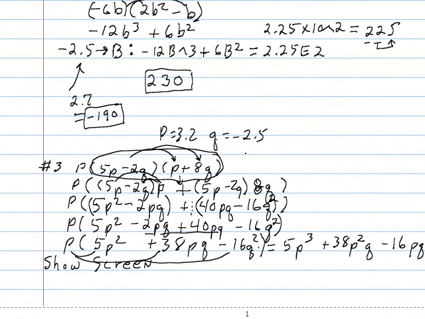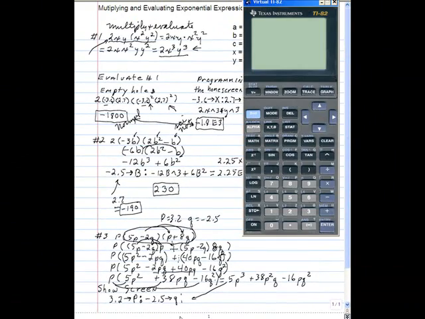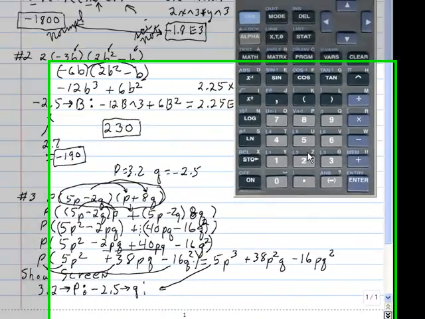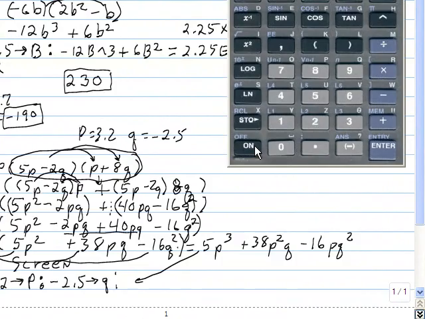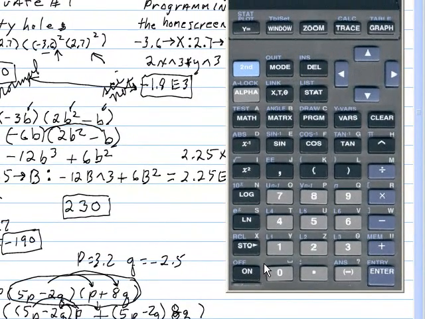So I'm going to put these numbers into p and q. I'll start off 3.2 store p colon, negative 2.5 store to q colon. Then I'll put in my expression right there, and then I'll say enter. The calculator's turned off, so I turn it back on with a double click.